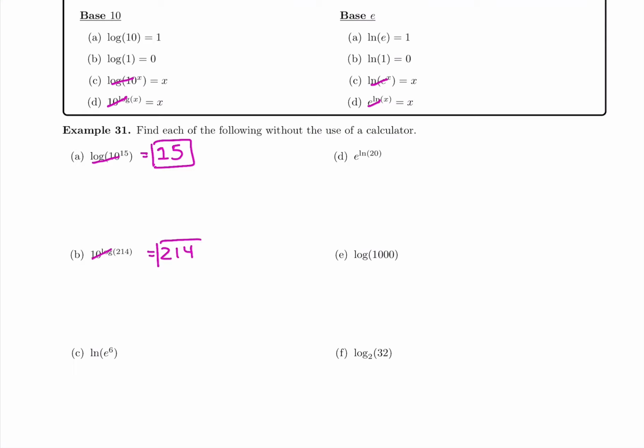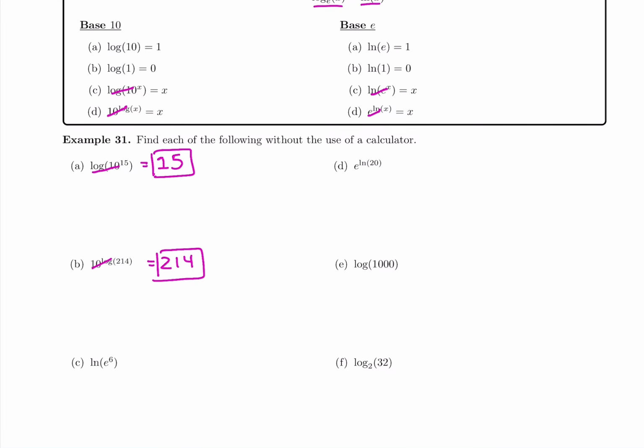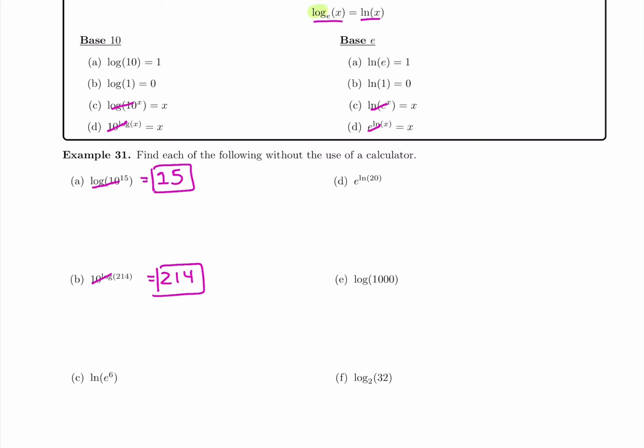The next piece, we have ln and e, so we want to remember that ln is log base e. So those are going to cancel as well. ln of e to the 6, we're just going to end up with 6. Same thing moving over, we have e to the ln of 20, e and log base e cancel, so we're left with just 20.